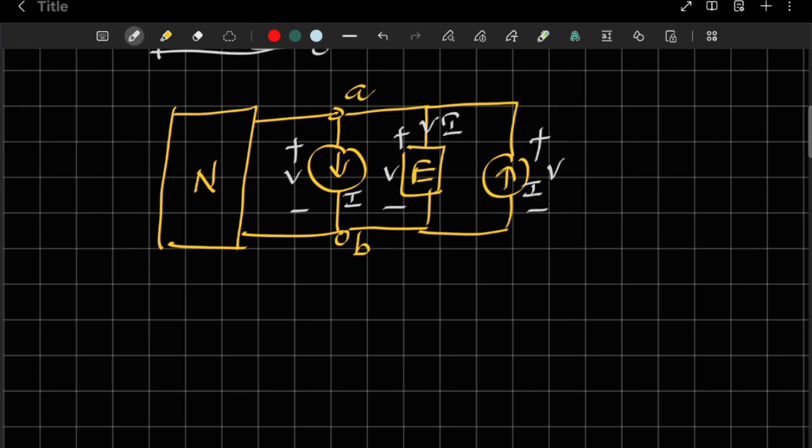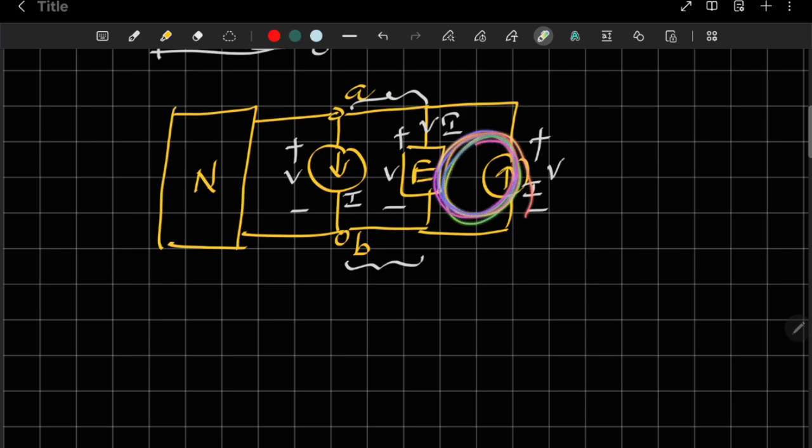Now, if you see one thing, what is the current passing through this part of the circuit? In this particular path, the current I is coming up to here, and then it enters the element only. So in this particular loop only, the current is rotating like this.